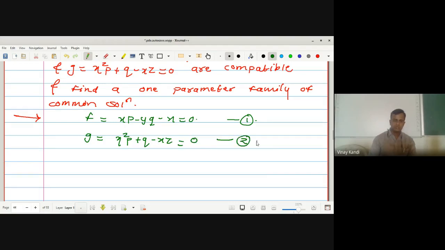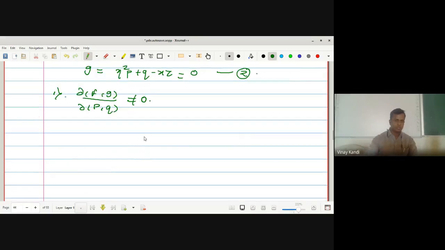This is equation number 2. Now first condition, Jacobian of fg. We have to verify that now. Let us verify both the conditions of compatibility. We have Jacobian of fg with respect to pq is not equal to 0. We have to check this one. Now consider Jacobian of fg with respect to pq.